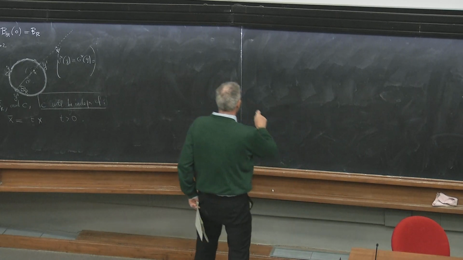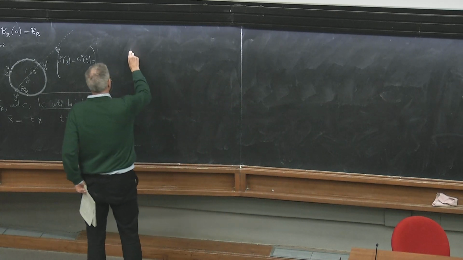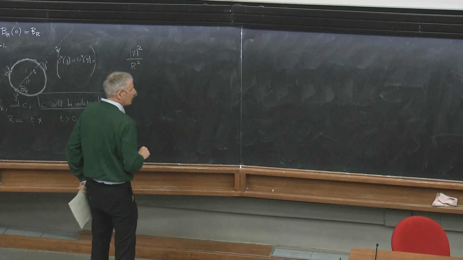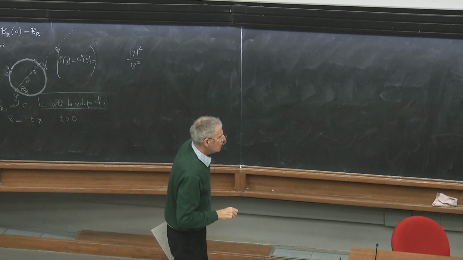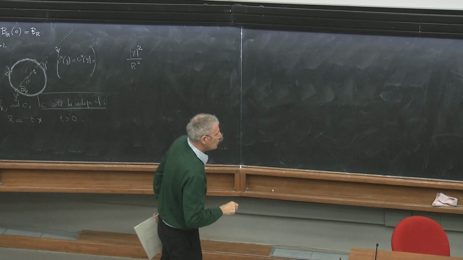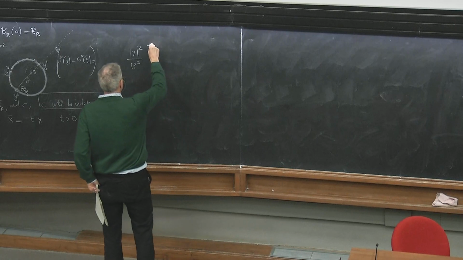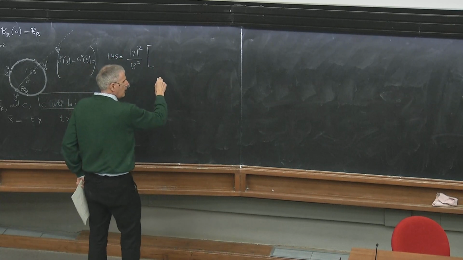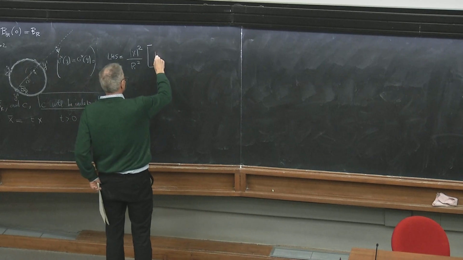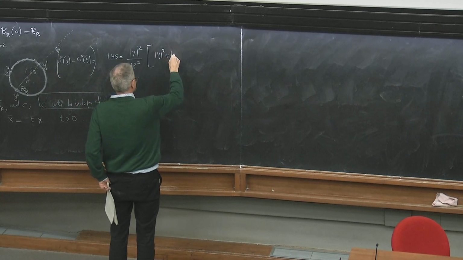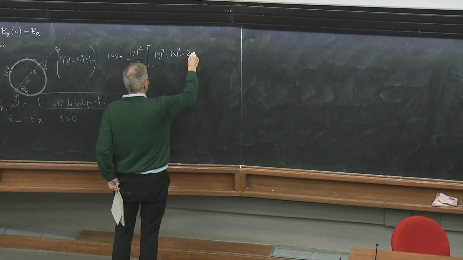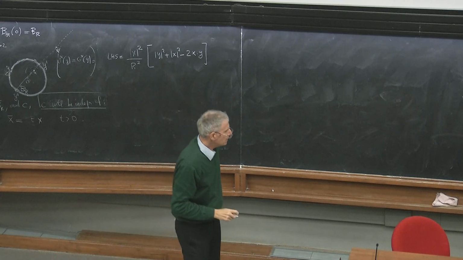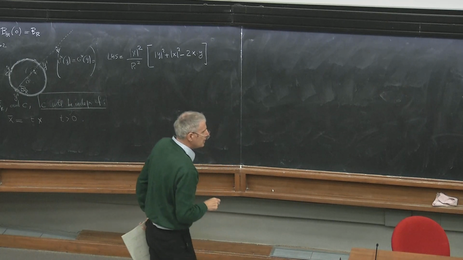So x squared over r squared. The left-hand side is what? The left-hand side is x squared over r squared times y squared plus x squared minus 2xy.